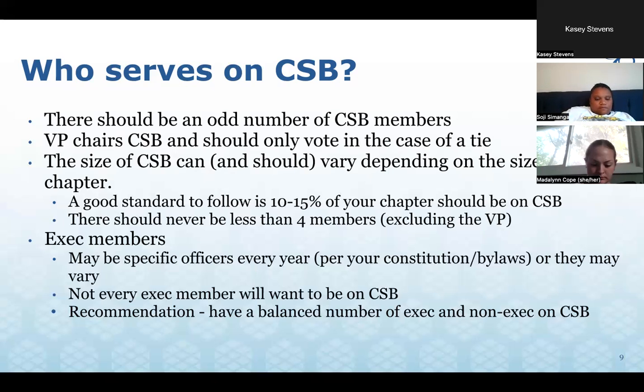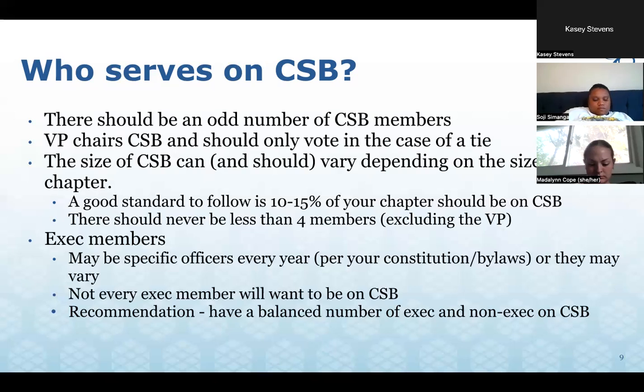We like to say a good standard to follow is 10 to 15% of your chapter should be reflected on CSB. So if you have 50 members, you would have 5 folks on the CSB. We don't want there to be less than 4, just so that there are enough voices on your chapter standards board, and it's also not the whole membership either.